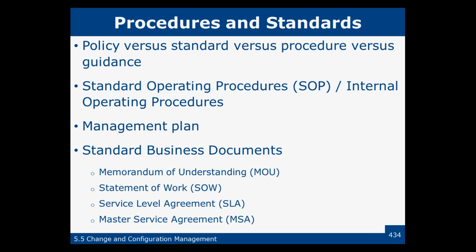Procedures and standards, policy versus standard versus a procedure versus a guidance. A policy is how we want people to do things. A procedure is a step-by-step process, and guidance or guidelines are what we have there.